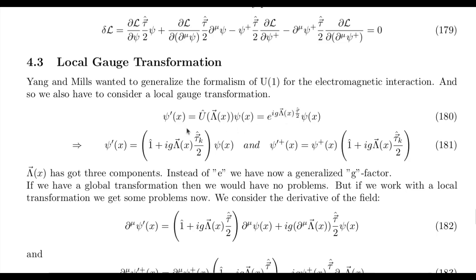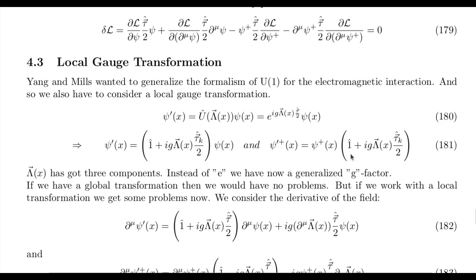So we now have in the unitary operator the parameter lambda vector and tau half, the same as before. Now for the transformation we use the Taylor series again with the first two terms.